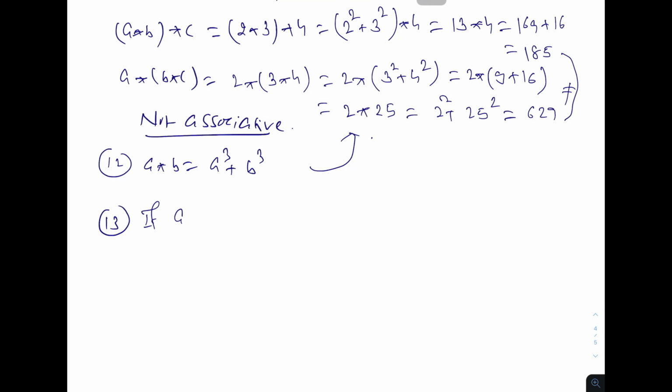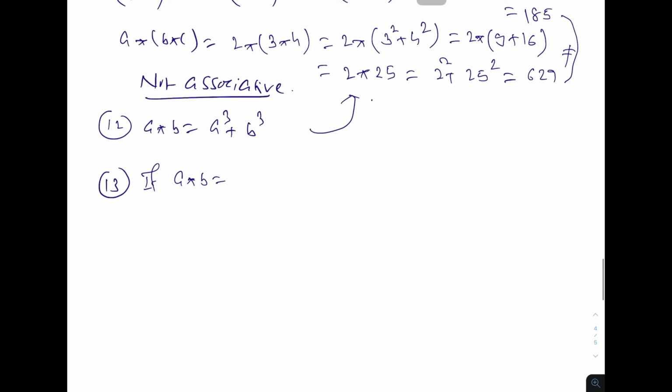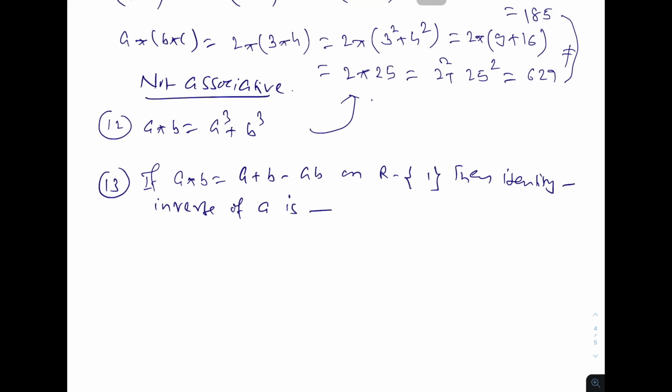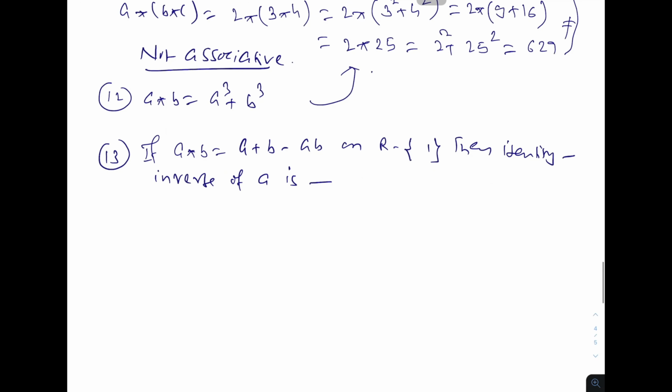If a star b equal to a plus b minus ab on say R minus 1, then identity is blank, inverse of a is blank. So here given some options also, so we are not writing option, we directly find out the exact identity and inverse.